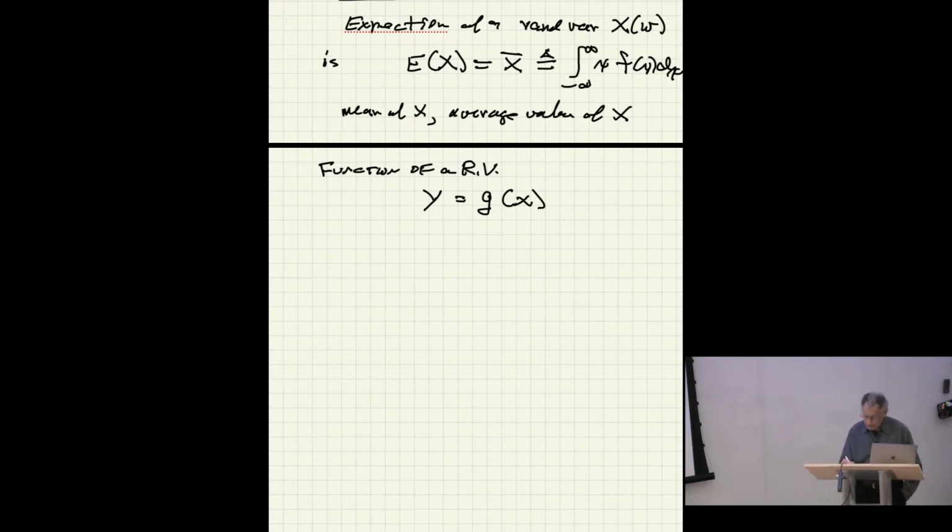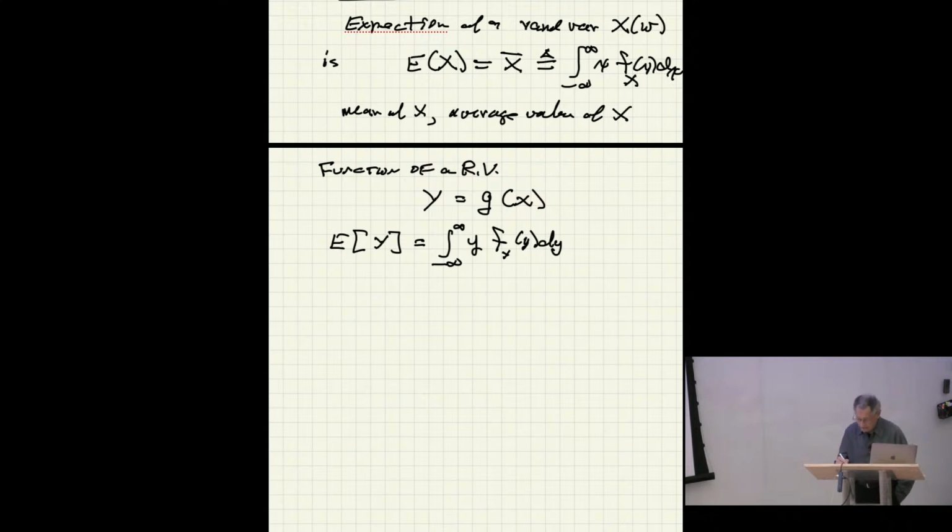So what is the expected value of this new random variable, y? Well, by definition, from the equation above, it would be the integral from minus infinity to infinity of some variable y times the density of y dy. And by the way, in the upper equation, I should have put a capital X over here to remind you it's for the random variable x.